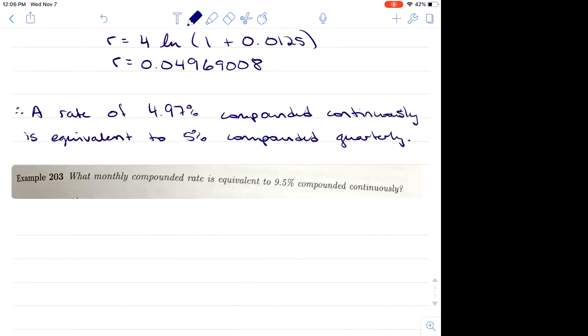What monthly compounded rate is equivalent to 9.5% compounded continuously? So now you want to move from a continuous compound to a monthly compound.